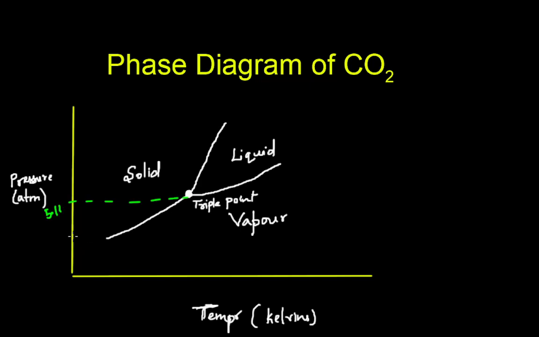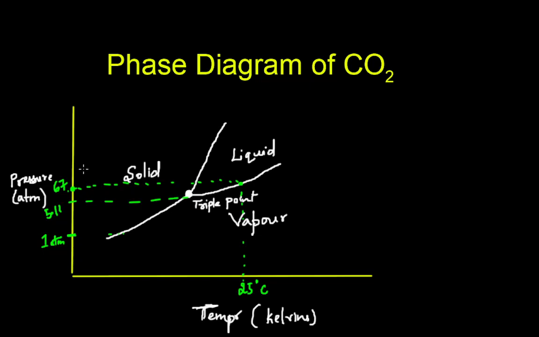Which means at 1 atmospheric pressure, no matter what your temperature is, you are not going to get liquid carbon dioxide. And at about 25 degrees Celsius, which happens to be your room temperature, the corresponding pressure, of course this is not to scale, happens to be 67 atmospheres.